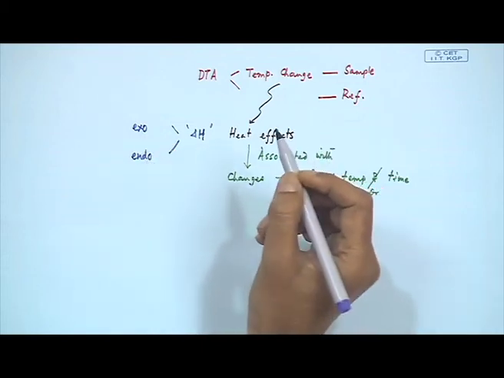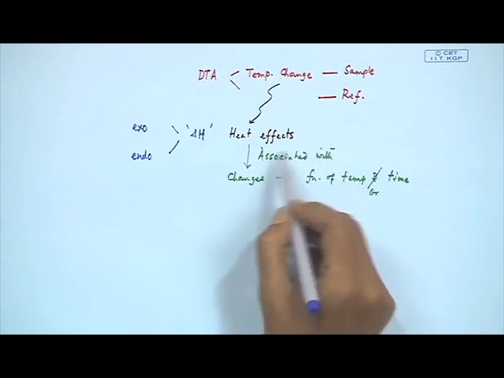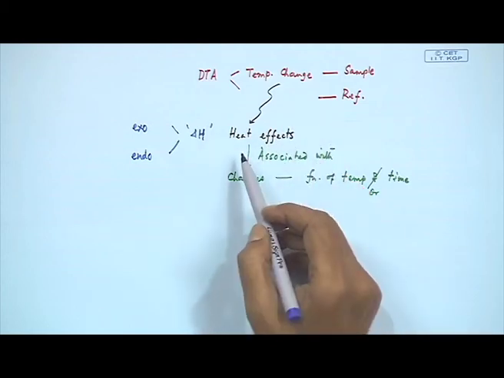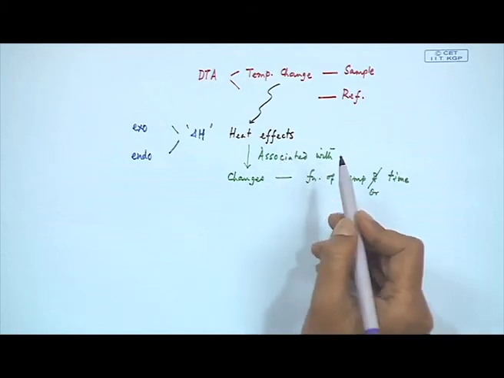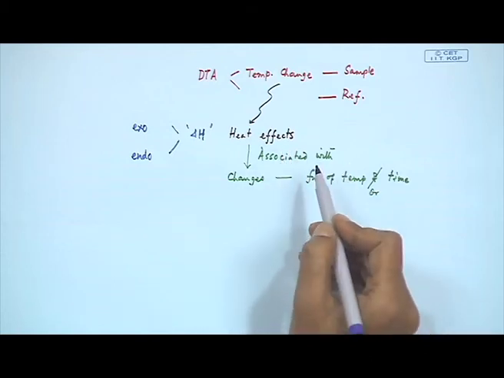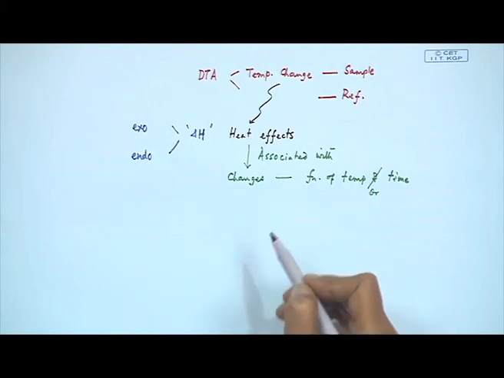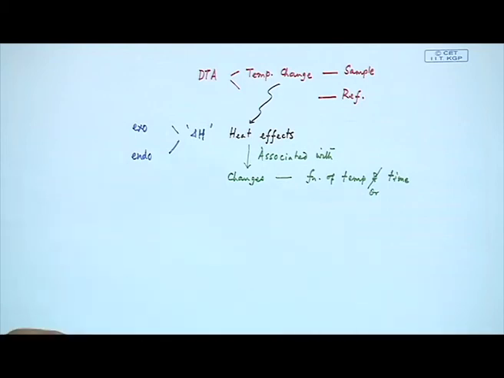So, basically what we now look for is the heat effects, where the sample is taking heat for a particular type of process. That means it can be crystallization, decomposition, oxidation, or reduction. But what sort of heat effect can we see for these processes?